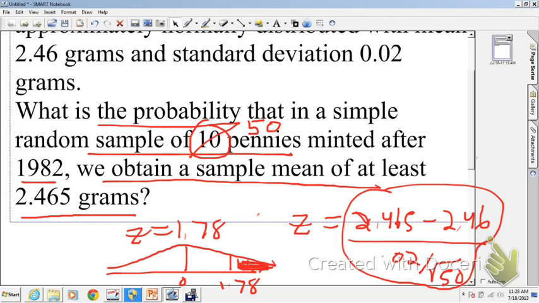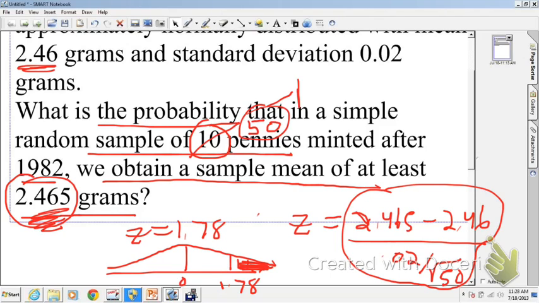If your sample size is small, you're going to have a larger probability of observing a divergence or a difference from the population mean. But if your sample size is larger, say 50, the probability of observing such a divergence from the true population mean is going to be even less.